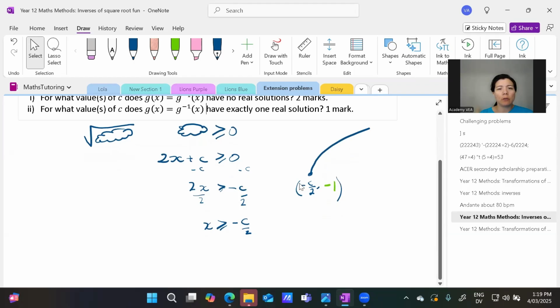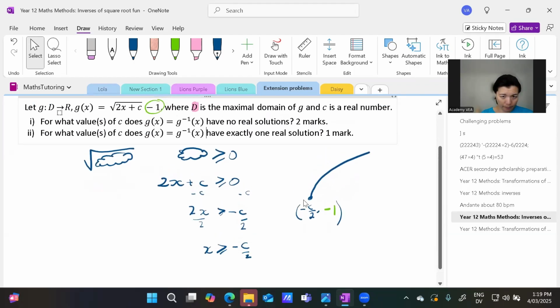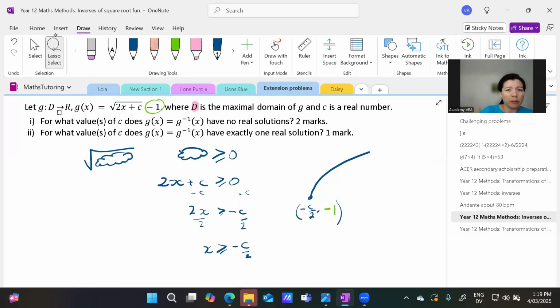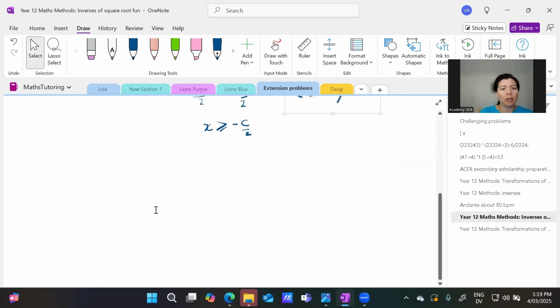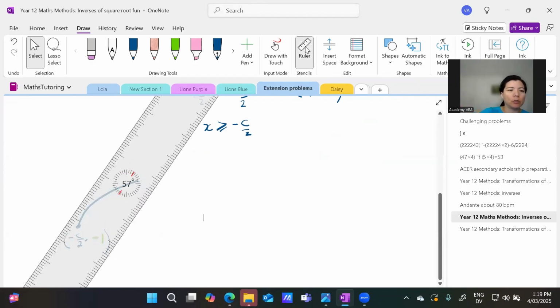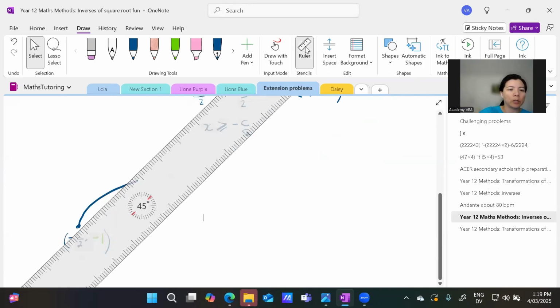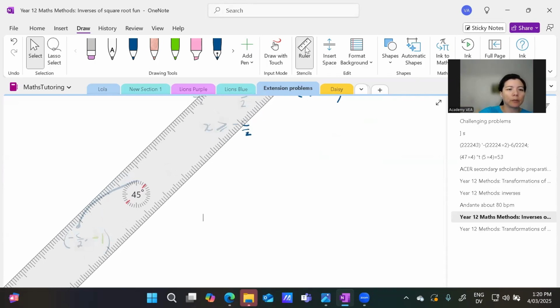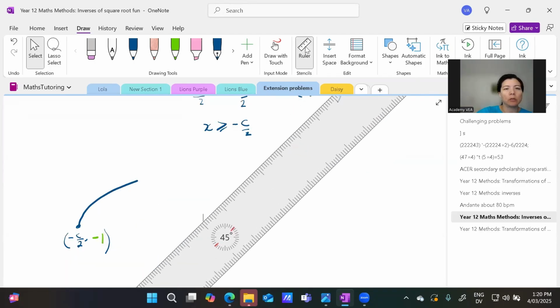So what you actually have going on is this particular graph hitting the inverse, but we also know that the inverse is going to cross the original graph at the y equals x line. Now I probably need to draw that in over here.